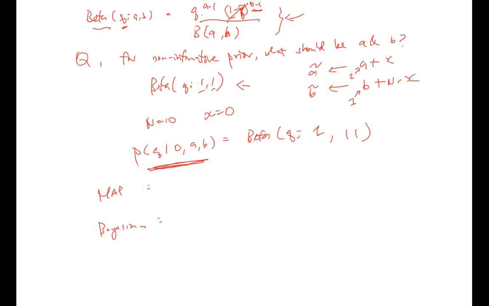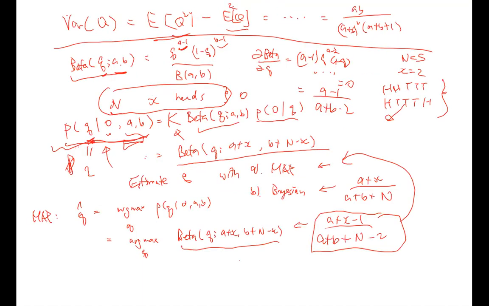Now I can do MAP estimate and Bayesian estimate here. I will ask you, what is the MAP estimate first? What's the numerical value for the probability? What's the MAP estimate of Q? What is Q hat, the estimate of Q? An earlier slide will help you.